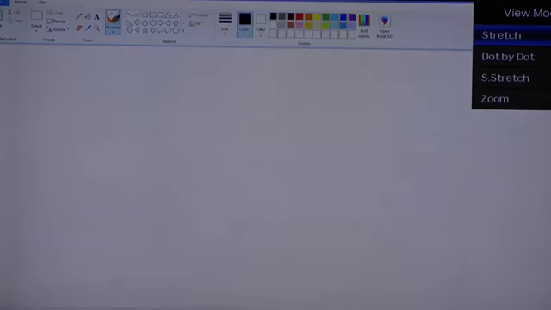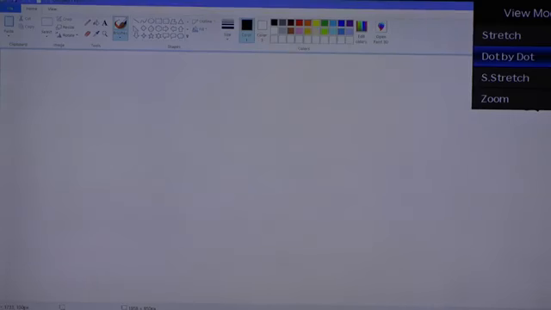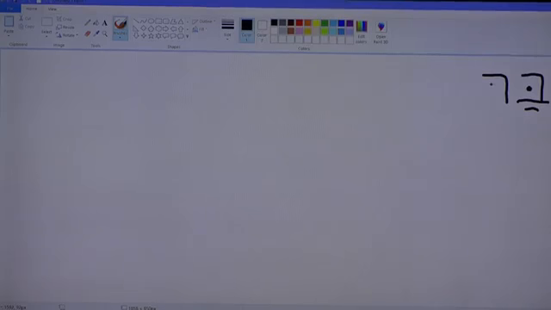The sound of the bet is a B, and this resh is an R. Therefore, this is a word bar.